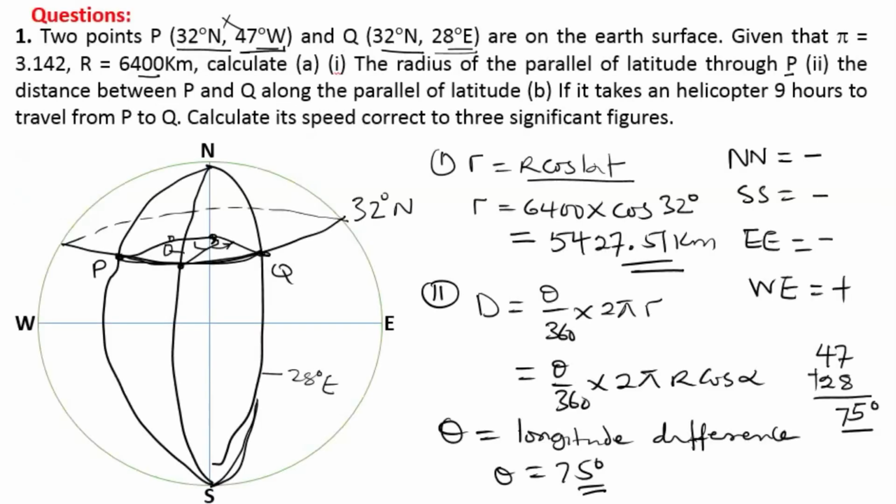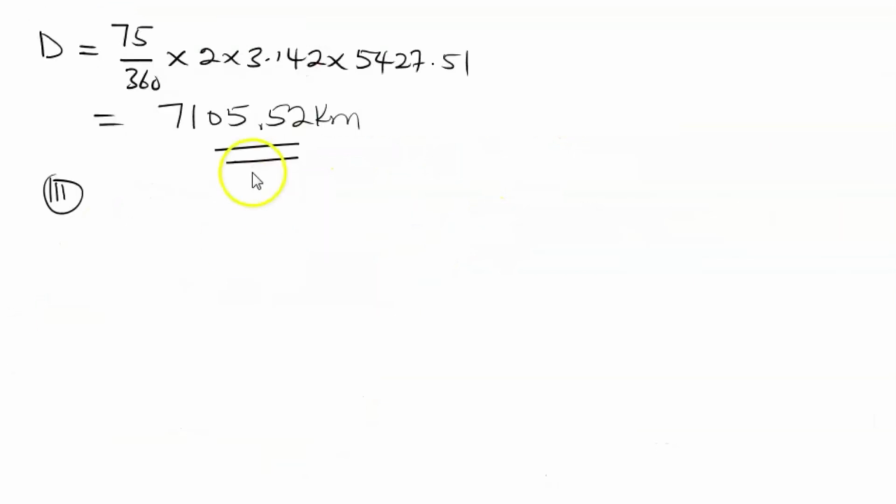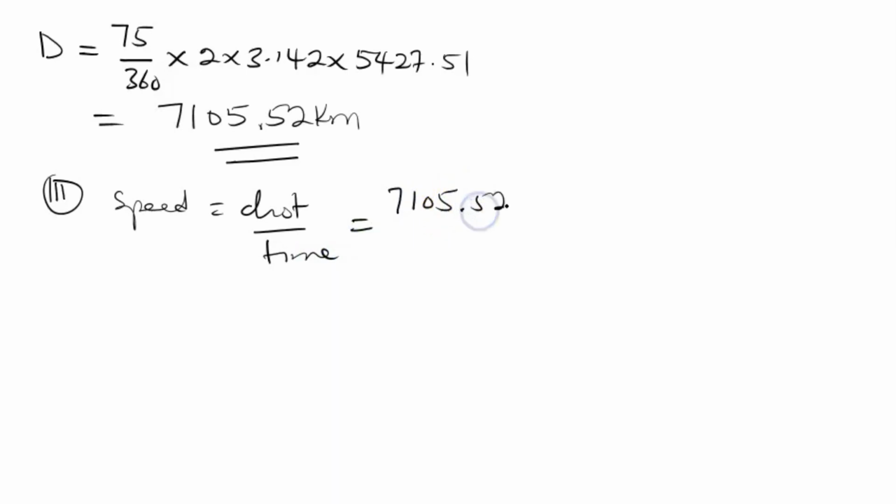All right, so the third question also says that if it takes a helicopter 9 hours to travel from P to Q, calculate its speed correct to 3 significant figures. Of course, we know that speed is given as the distance divided by time. So already we have our distance to be 7105.52, divided by the time that we are given.